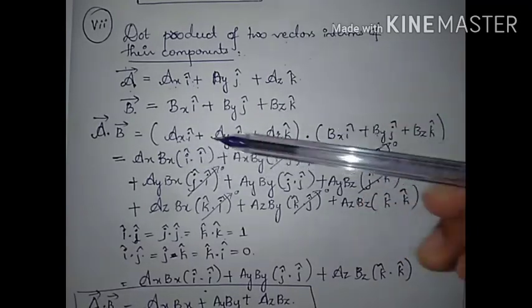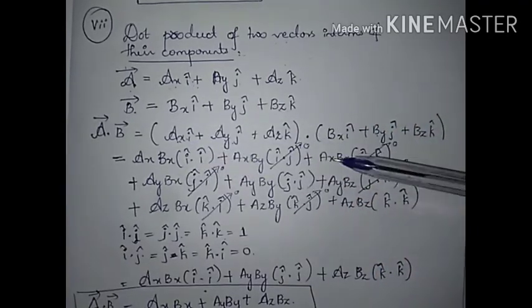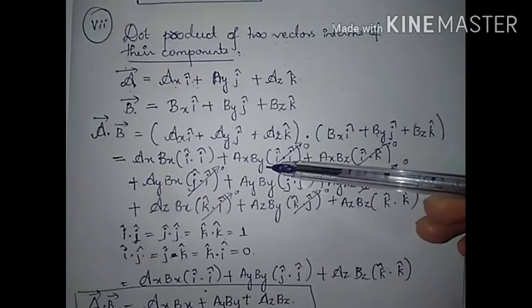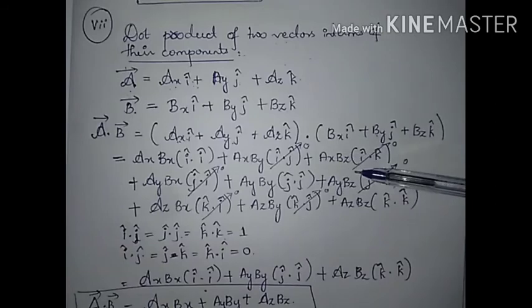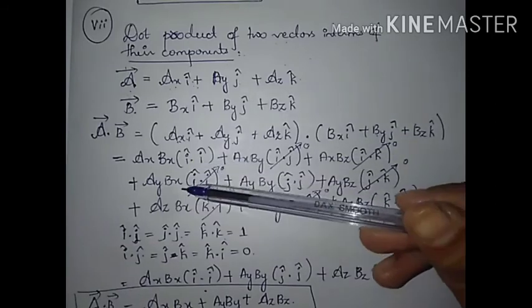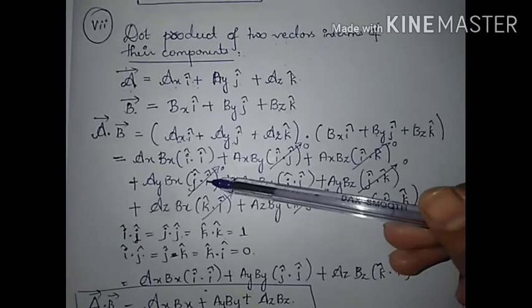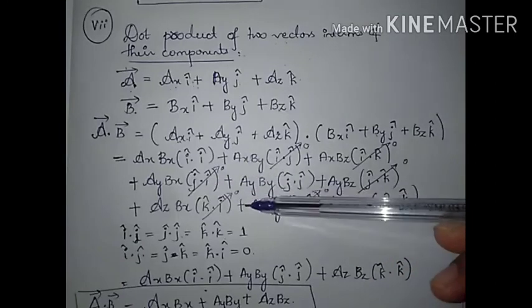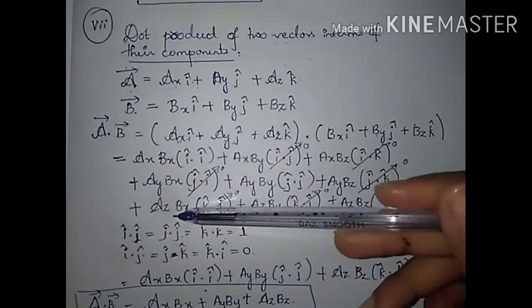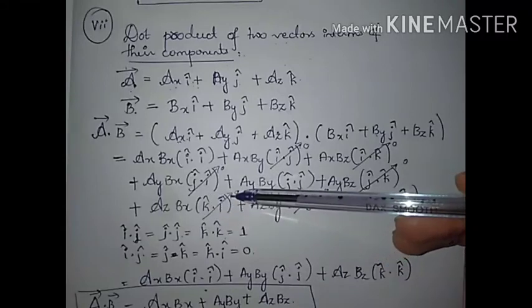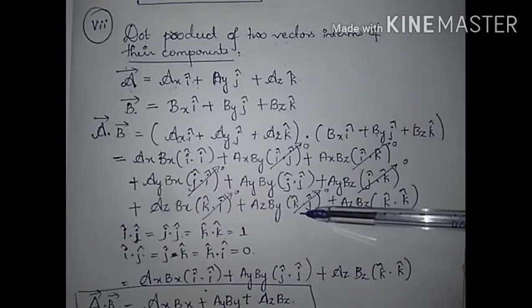What we got is Ax Bx i dot i plus Ax By i dot j plus Ax Bz i dot k, Ay Bx i dot j, Ay By j dot j, Ay Bz j dot k, Az Bx k dot i, Az By k dot j, Az Bz k dot k.